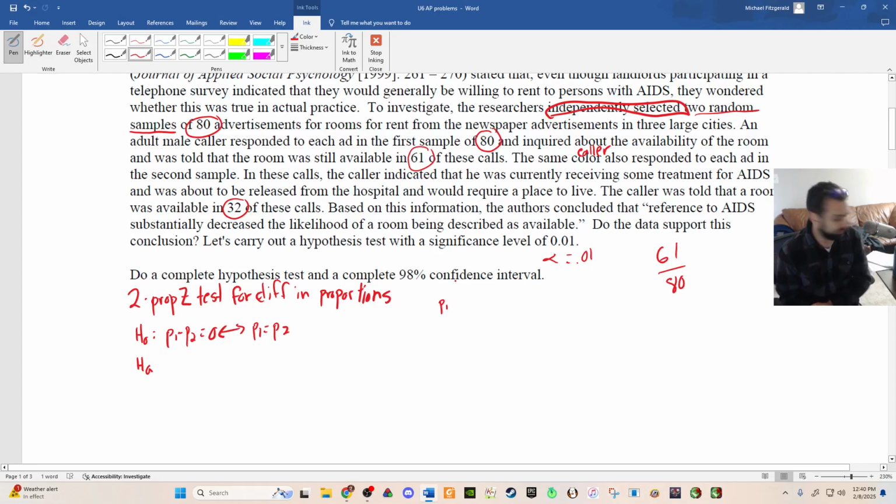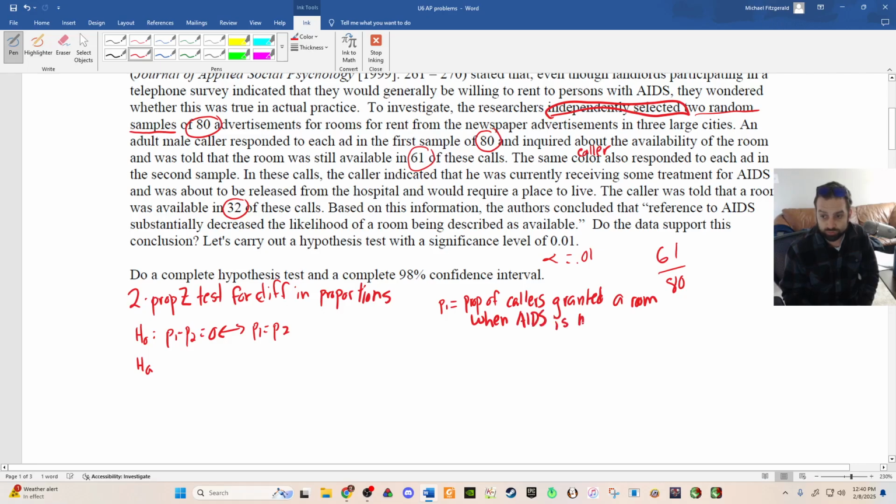Since I want to see if mentioning AIDS decreases the likelihood, let's say p1 is the proportion of callers granted a room when AIDS is mentioned. Not someone with AIDS, just someone saying that they do.